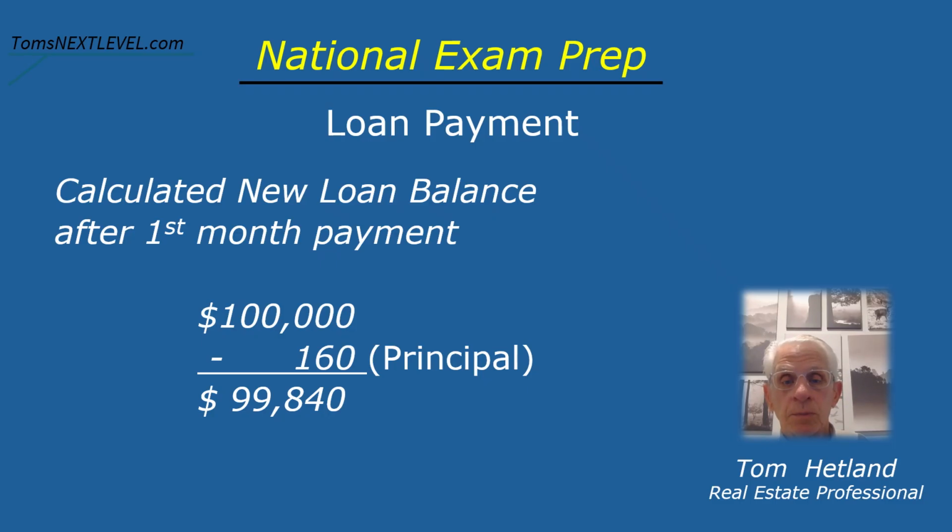So the new principal balance is $99,840. And you would do this every month if you wanted to create a full 30-year amortization schedule to see how much of the monthly payment gets applied towards principal and how much towards interest. At the end of our 30-year term, the entire principal balance would be paid down to zero.